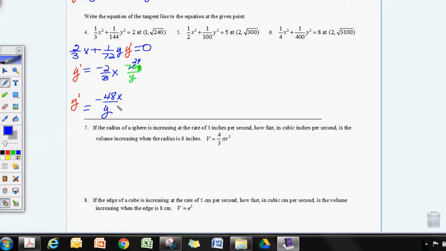Now I just need to plug in my values, which is going to be negative 48 times 1 all over square root of 240. That's my slope. So y minus my y1 value equals my slope of negative 48 over square root of 240, times x minus 1. Done.